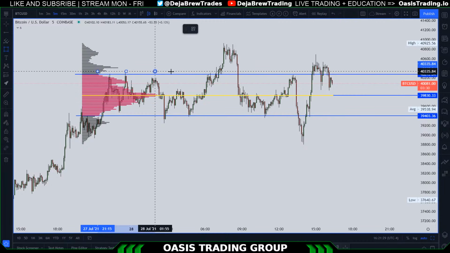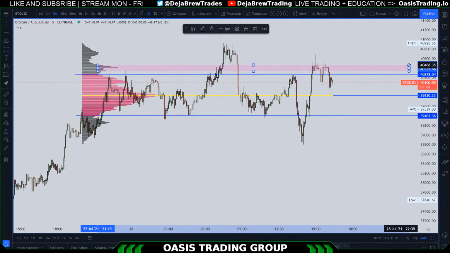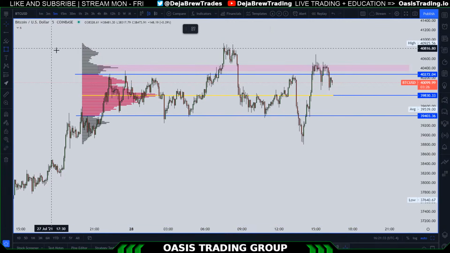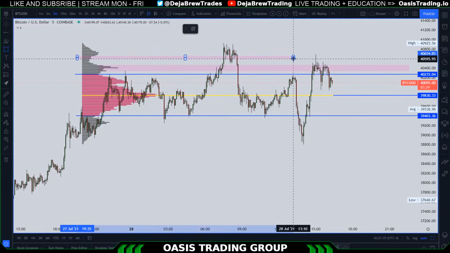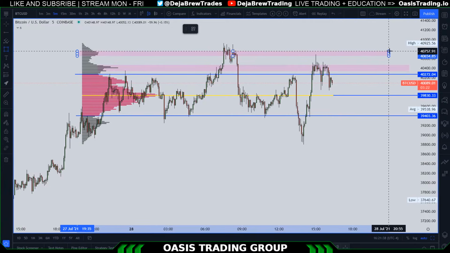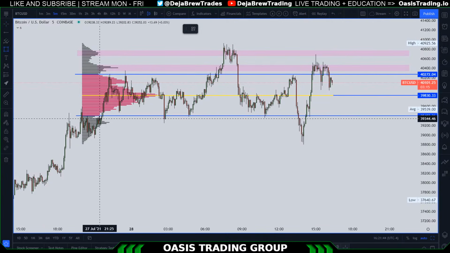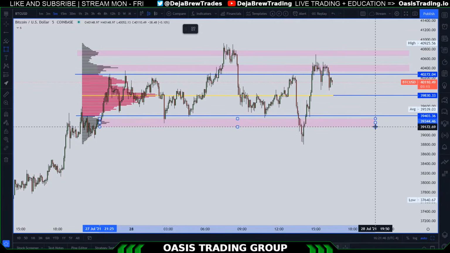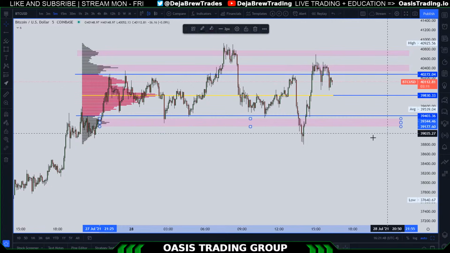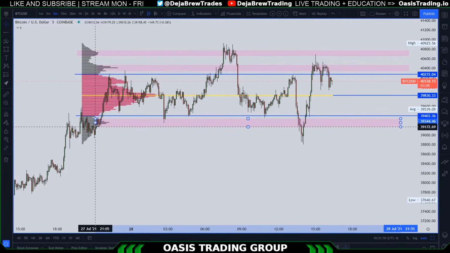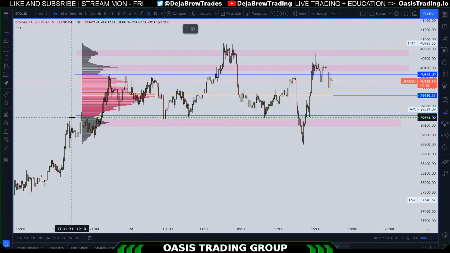We have a node right here. We have a node right here. And then we have a node right here. And then we have a little gap right here.